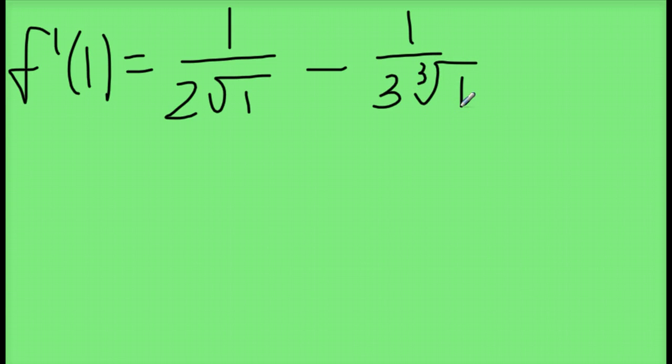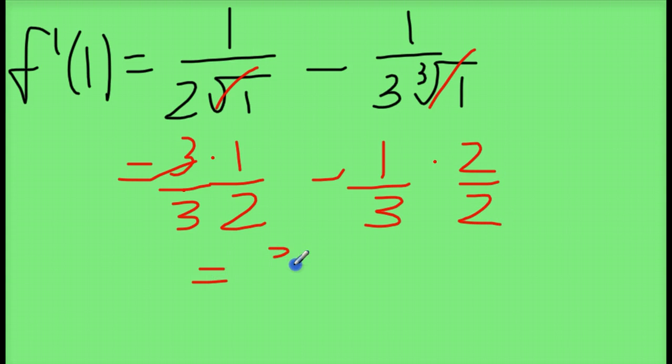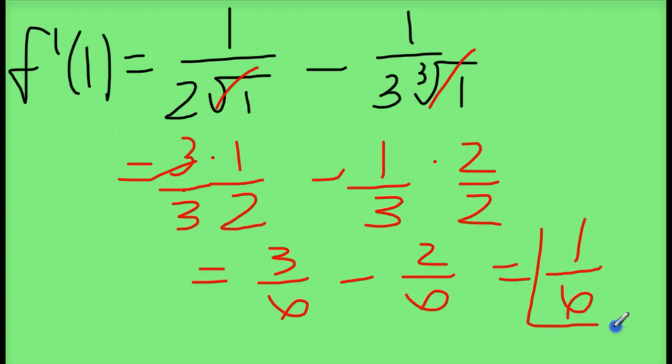Well, the square root of 1 is 1, and the cube root of 1 is 1, so this is going to cancel. And I'm going to get 1 over 2 minus 1 over 3. And if I want common denominators, I get 3 over 6 minus 2 over 6 gives us 1 over 6. So the derivative when you plug in 1 is equal to 1 over 6.